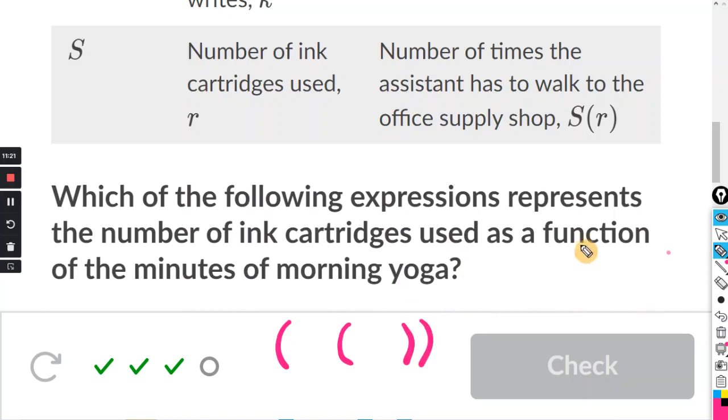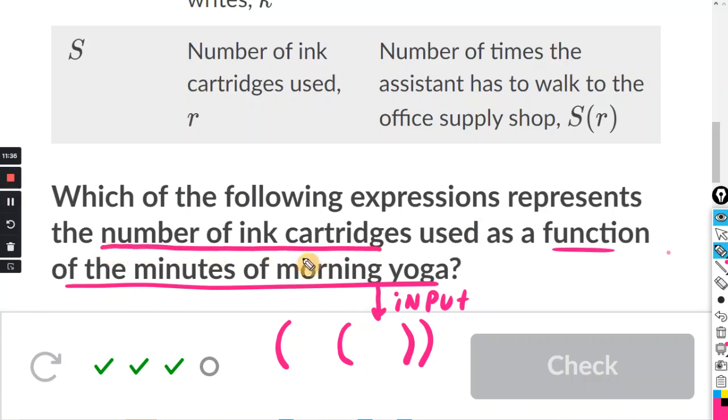Function of minutes of morning yoga, that is going to be the input variable. And what it gives you is the number of ink cartridges. That is going to be the output variable.